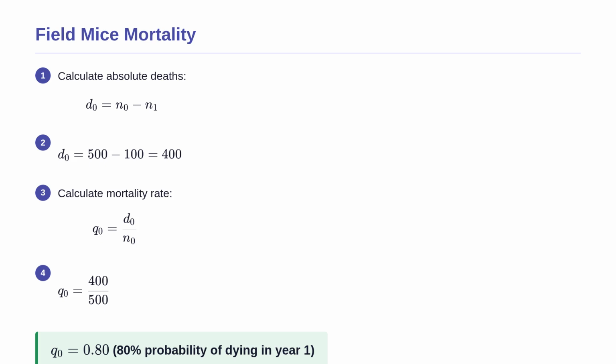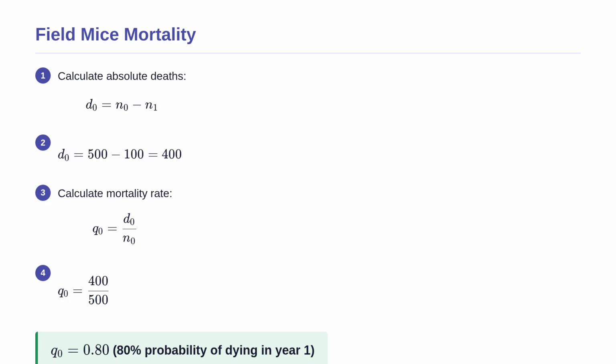Now that we have the survivorship, let us calculate the mortality metrics for these same mice during their first year. First, we need the absolute number of deaths, d0. We subtract the 100 surviving mice from the original 500, revealing that a staggering 400 mice died.